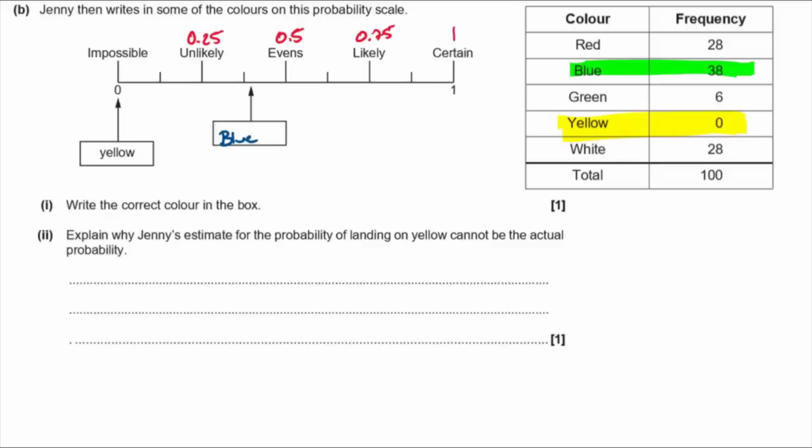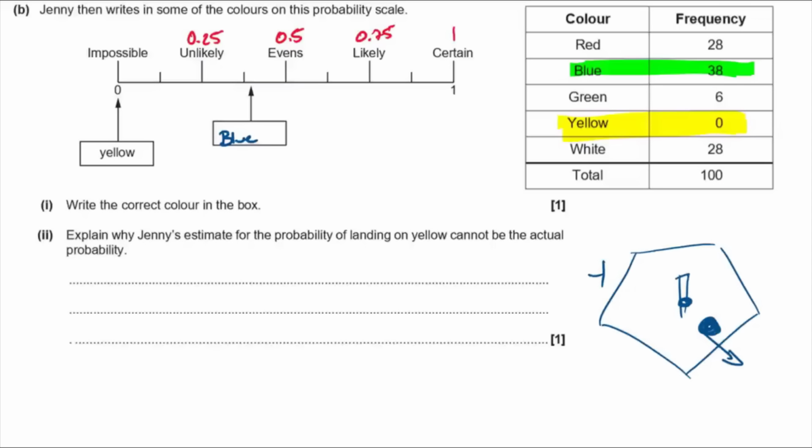But presumably, if yellow is one of the corners of your spinner, maybe it's got a weight on this side, which means if you were to spin it, it's more likely to fall this way. But if yellow was over here on this side, it's going to be less likely to land on it, but it's not going to be impossible, is it? It's just going to be very, very unlikely, which is why she hasn't rolled it already. I'm guessing that's the sort of answer they're looking for.